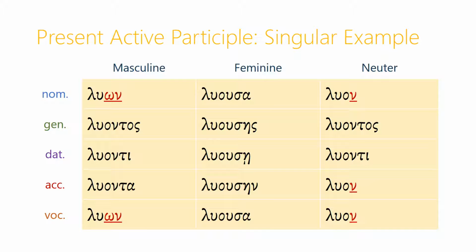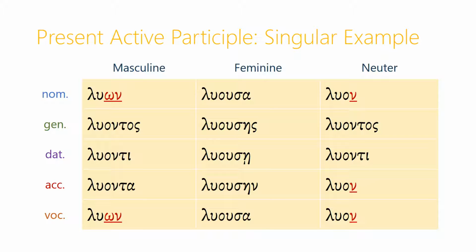In present active participles, just like in aorist active participles, the masculine nominative and vocative is irregular, and the neuter nominative, accusative, and vocative is irregular. And again, the accusative is included there with the neuter because the neuter singular always uses the same form for nominative, accusative, and vocative.